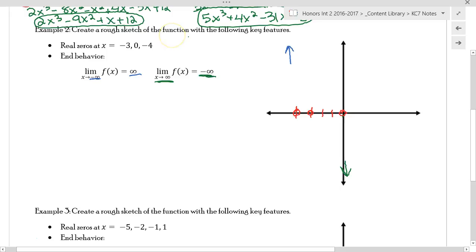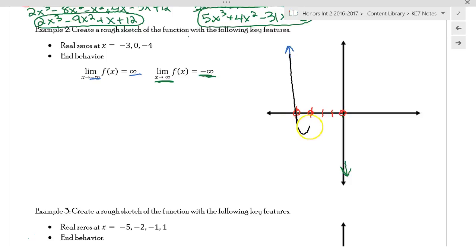The last thing I have to do is just connect the dots. Starting at this arrow, I'm going to go through here. You have to go through the point. At some point I have to turn to get through here. I have to turn again, and I'm ending up going down. Okay, this is my rough sketch. I don't know how high up or down these go, but I know that this is approximately what it's going to look like.